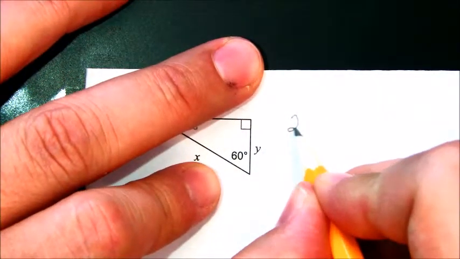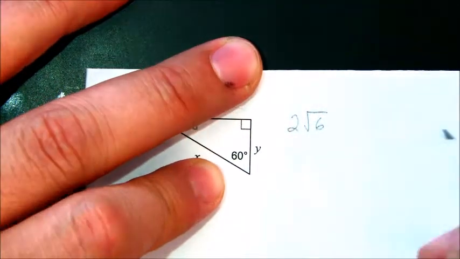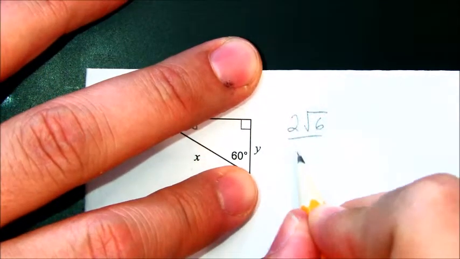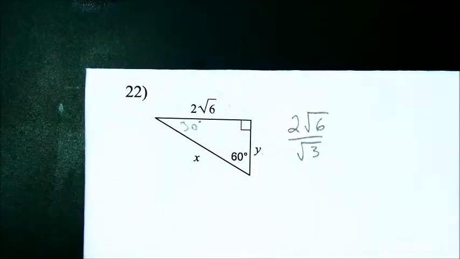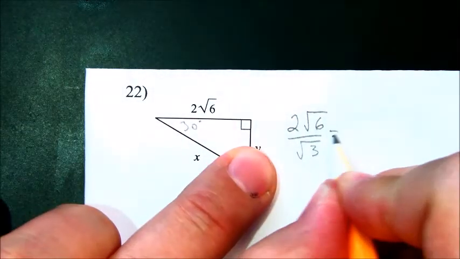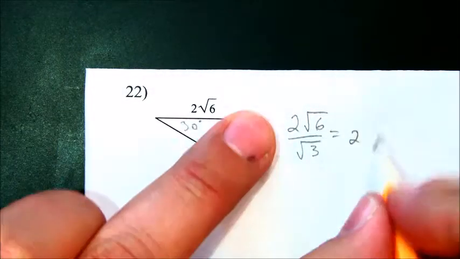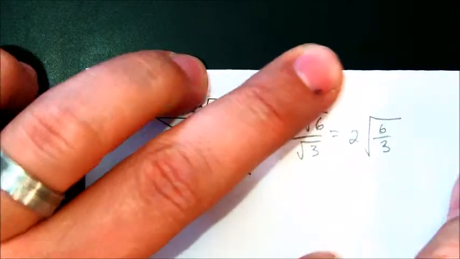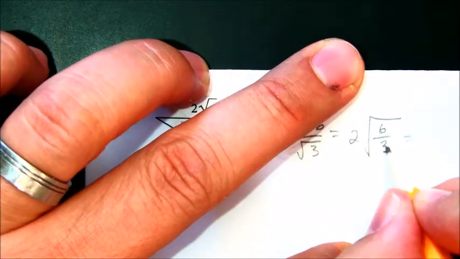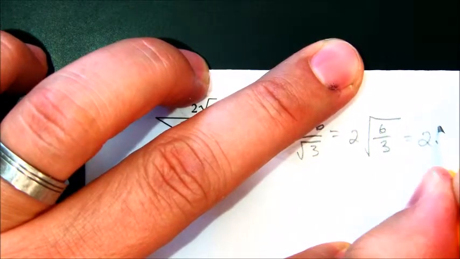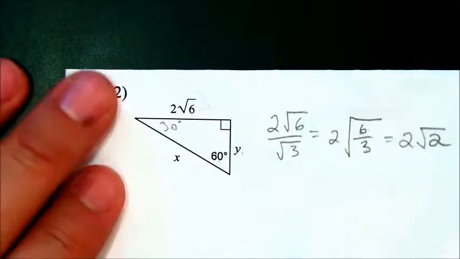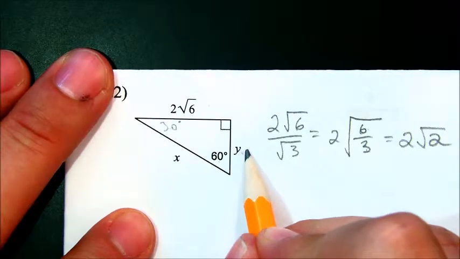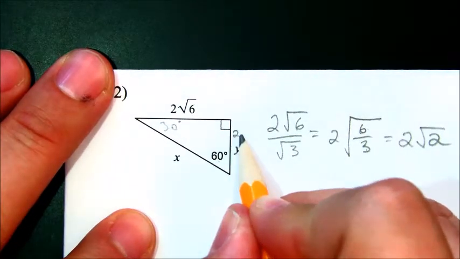I'll take 2 times the square root of 6, divide by the square root of 3. If I do that, I can combine my two radicals. So I've got 2 times the square root of 6 over 3. 6 divided by 3 is 2, so I get 2 times the square root of 2. And that's going to be my short leg, 2 root 2.